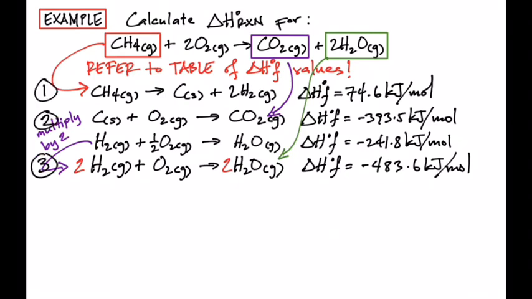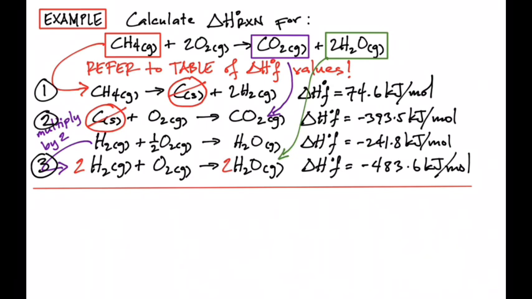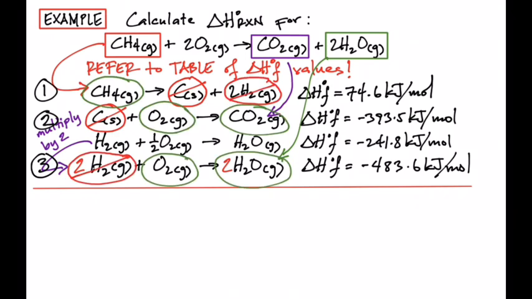So we're going to look at equations 1, 2, and 3 to calculate the delta H of reaction based on the delta H of formation. We're going to ignore this equation right here because we have now multiplied it by 2. Then we're going to add up all the equations and their delta H of formation according to Hess's law. So the carbons would cancel out, and the hydrogen gas is canceling out as well.